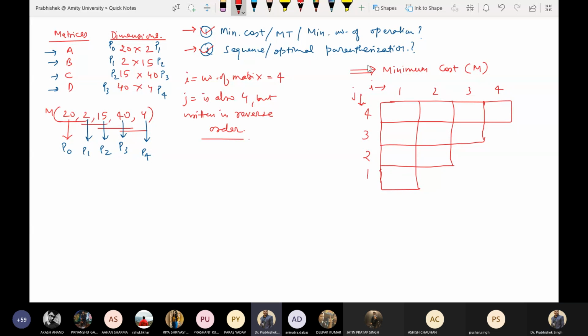Now let's see the table of sequence. In order to know the sequence, we have to draw a new table. The format of the sequence table is exactly the same as the minimum cost table, but there is one small difference that you have to see.